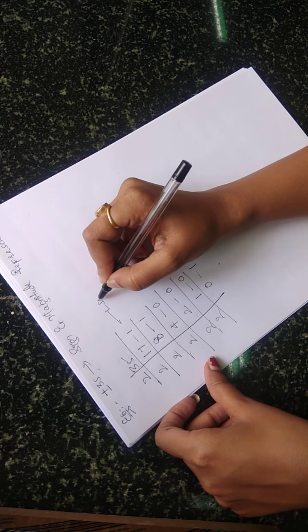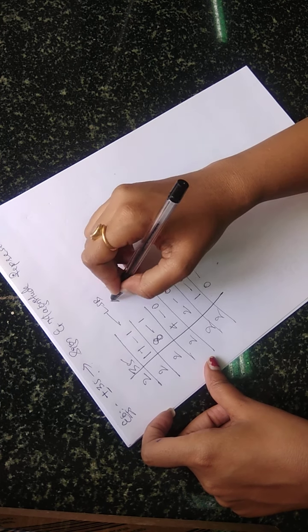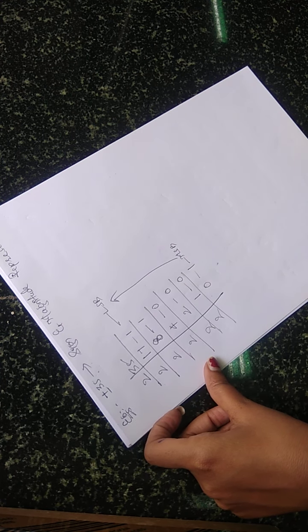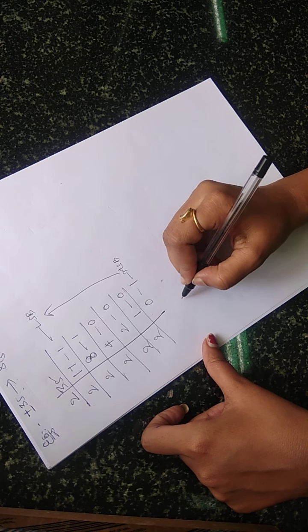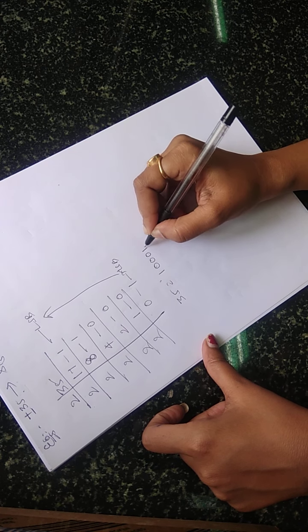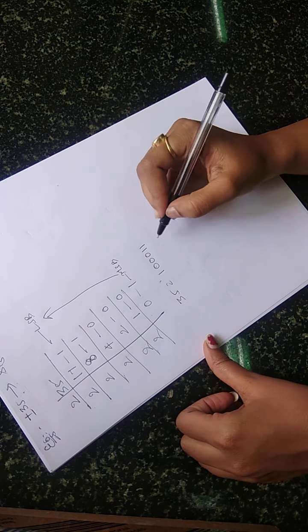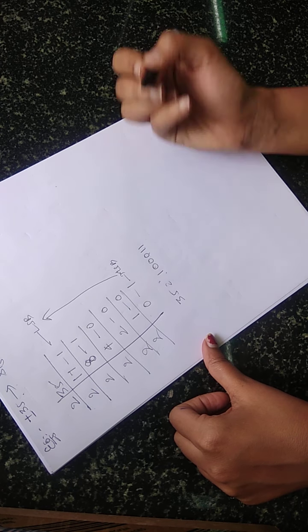So this will be your LSB, this will be your MSB. From MSB to LSB you have to write the answer. Now, what is the value of 35? The value of 35 is 1 0 0 0 1 1.